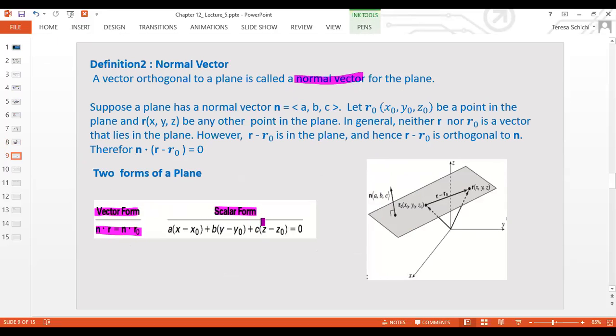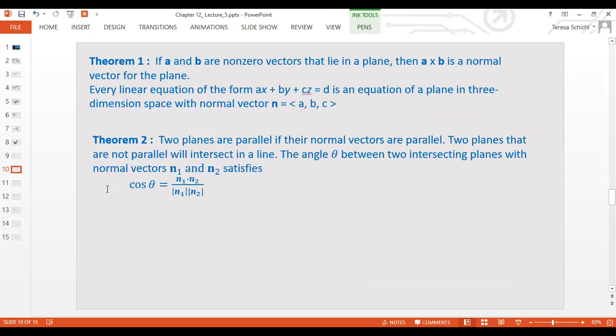Remember, in order to get a plane, the key constants are the constants from the normal vector.